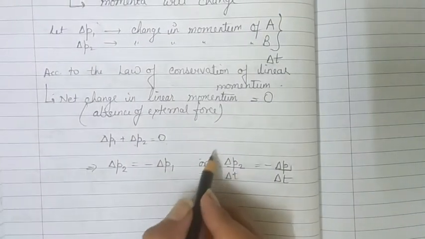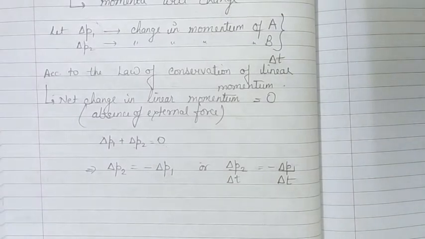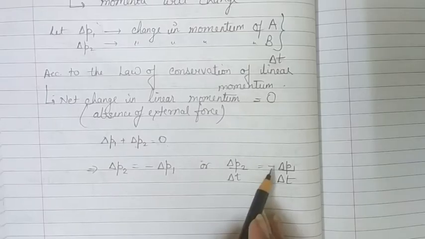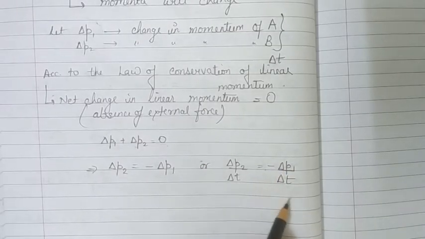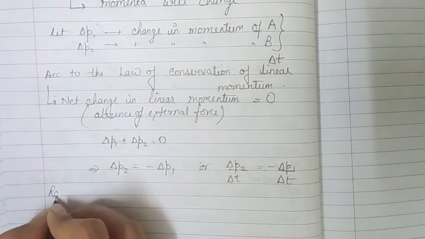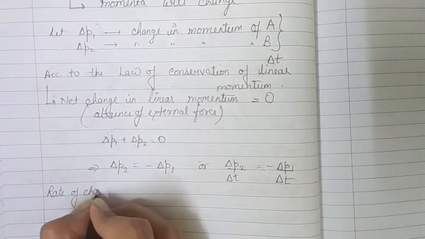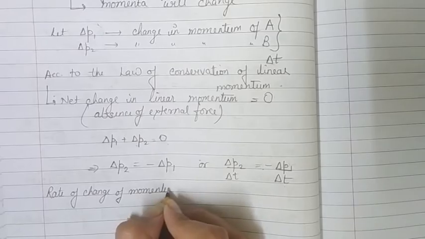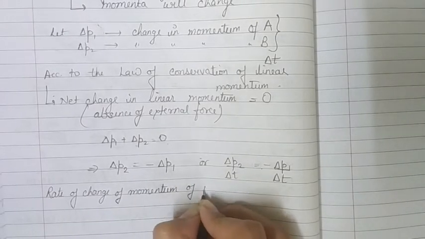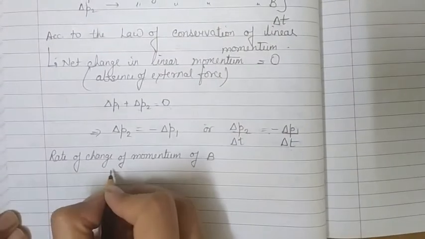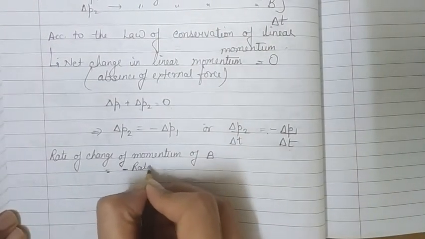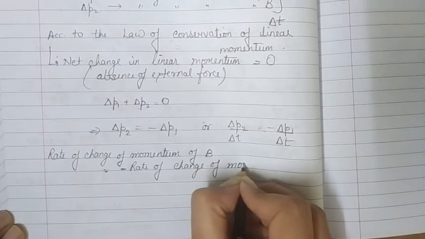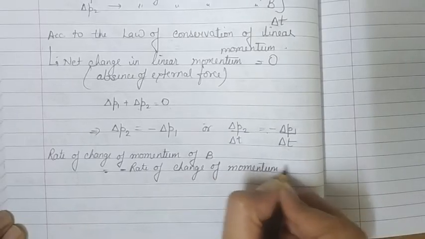The left side represents the rate of change of momentum of object B, and the right side has a negative sign with the rate of change of momentum of object A. So the rate of change of momentum of object B is equal to the negative rate of change of momentum of object A.